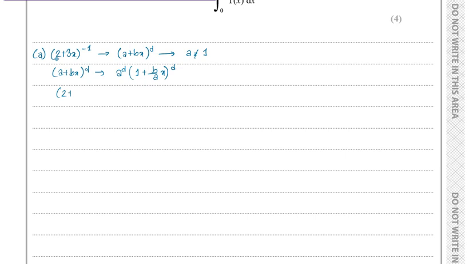So in our expression (2 + 3x)^(-1), a is equal to 2, b is equal to 3, and d is equal to minus 1. So I write 2 to the power minus 1, bracket 1 plus 3/2 x, bracket close, to the power minus 1. 2 to the power minus 1 is 1/2, so this will be 1/2 (1 + 3/2 x)^(-1).